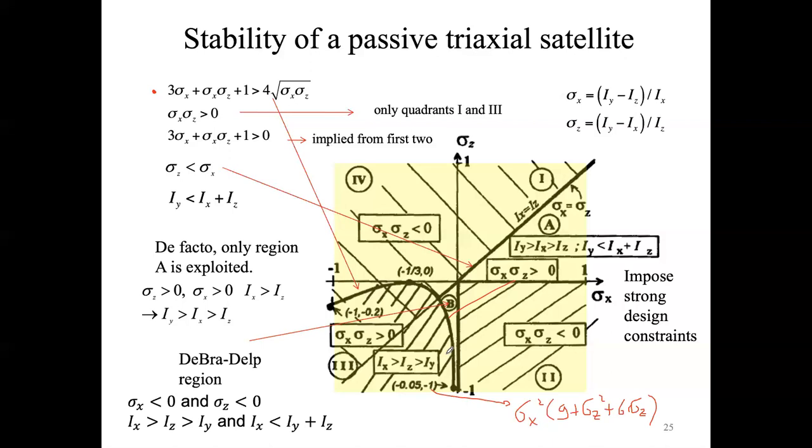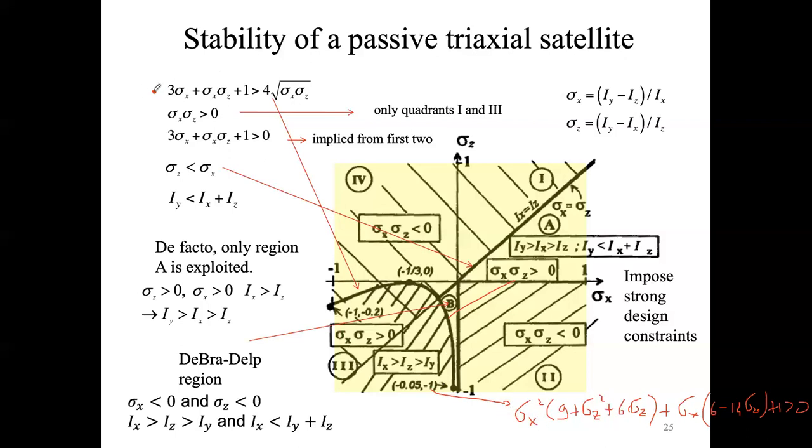Now I'm not going to write it all out. Okay, let's write it, it's another few terms. So sigma x 6 minus 14 sigma zeta plus 1 has to be greater than 0. Okay. So this is coming from the first condition.